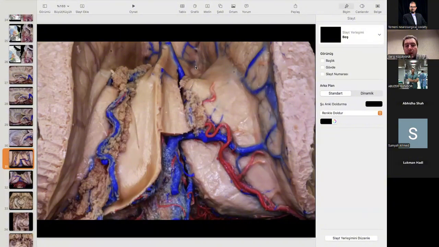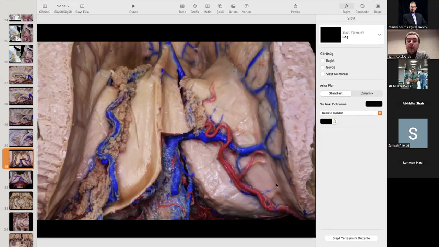Let's see the right side. Again, this is the foramen of Monro. The fornix is partially removed to expose all the thalamus here, forming the bottom of the lateral ventricle, and laterally, this is the body of the caudate nucleus, which will later become the tail of the caudate nucleus.